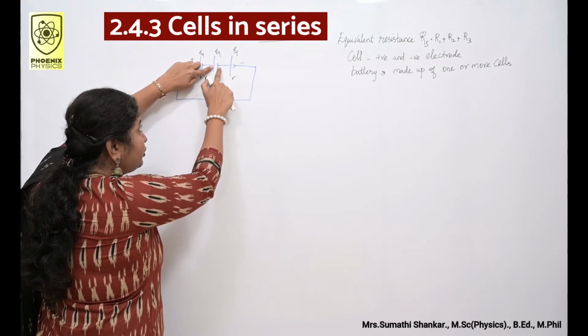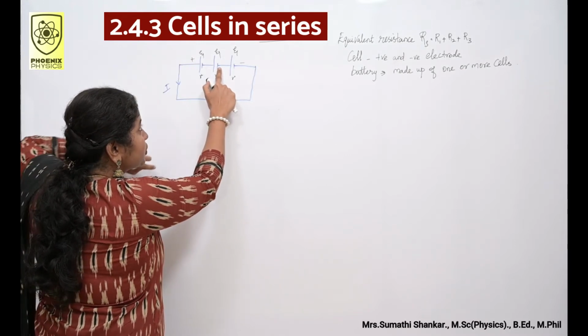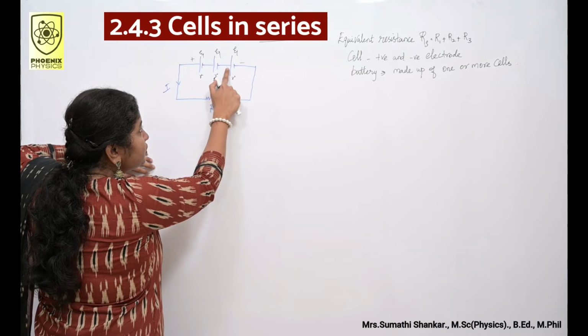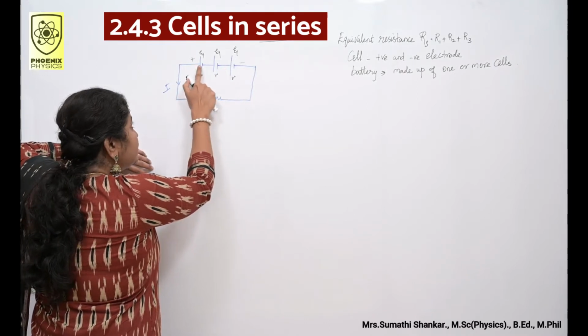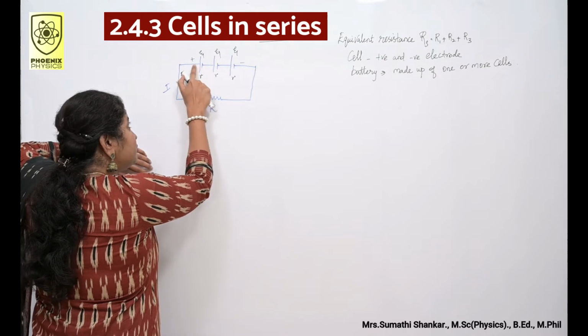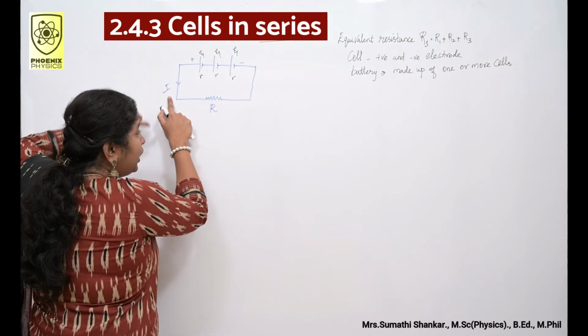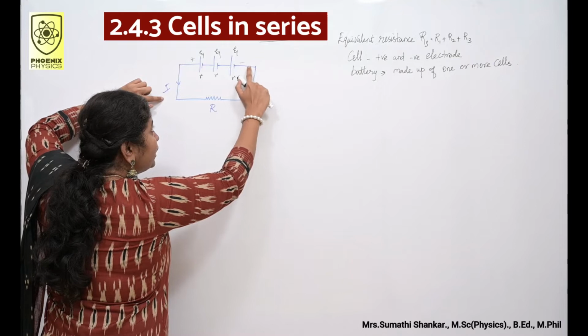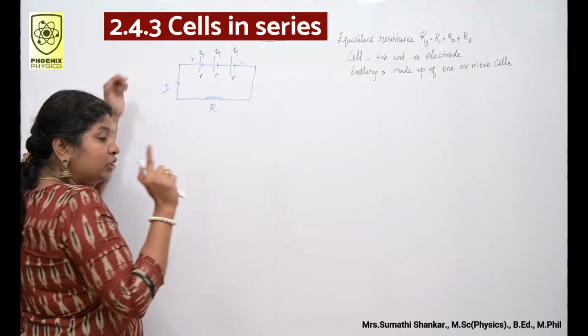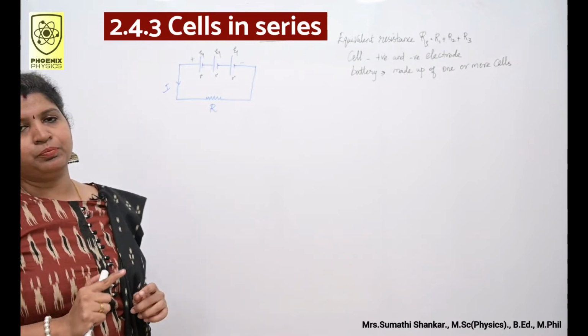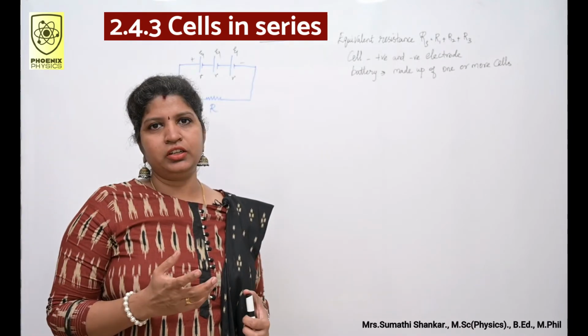Again, the negative terminal of the second cell is connected to the positive terminal of the third cell, and so on. The free positive terminal of the first cell and the free negative terminal of the last cell become the terminals of the battery. Suppose I have n cells.